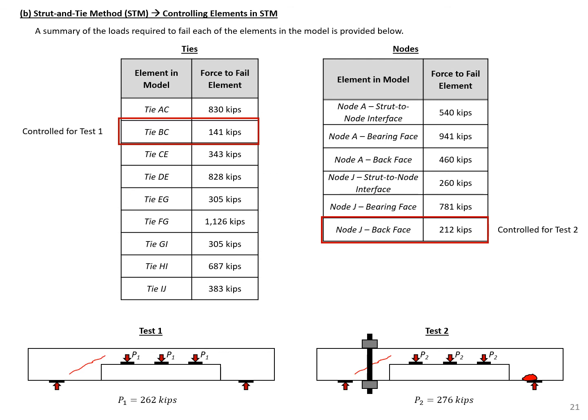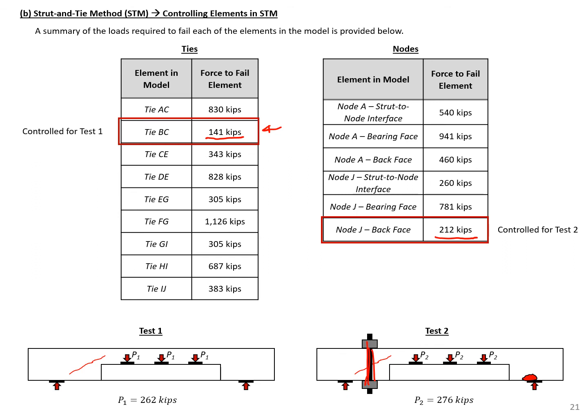A summary of the loads required to fail each of the elements is shown on this slide. So you can see tie BC controls the overall failure of the specimen because it has the lowest force required to fail the element. And then because we went back and reinforced that element, the next lowest is our back face of node J, so 212.